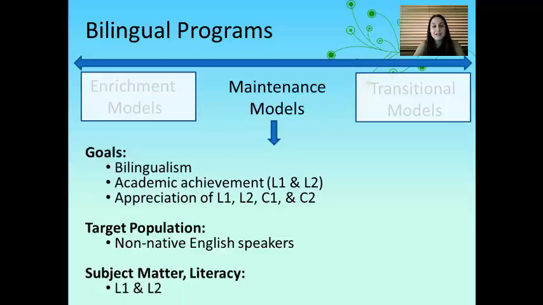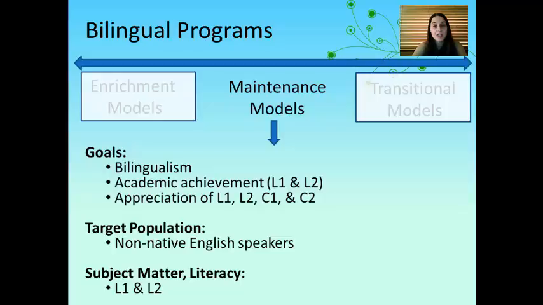The subject matter, again, academic literacy, is highlighted in the first language and the second language. And here, what is different about this program is that the enrichment model was working to make two populations of students who spoke different languages bilingual, whereas this program is looking for a base of students who come in with the same language background and who are going to be learning English, and that way they're going to be teaching Spanish.